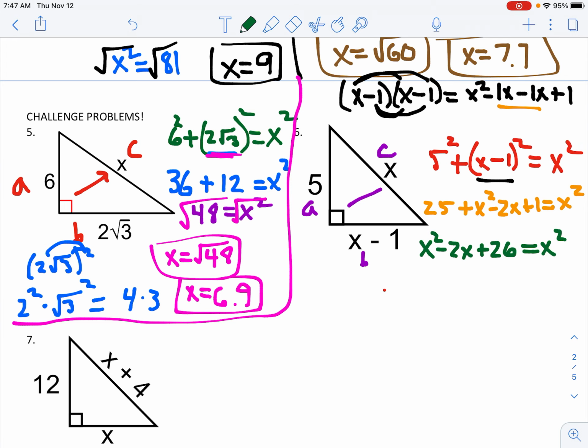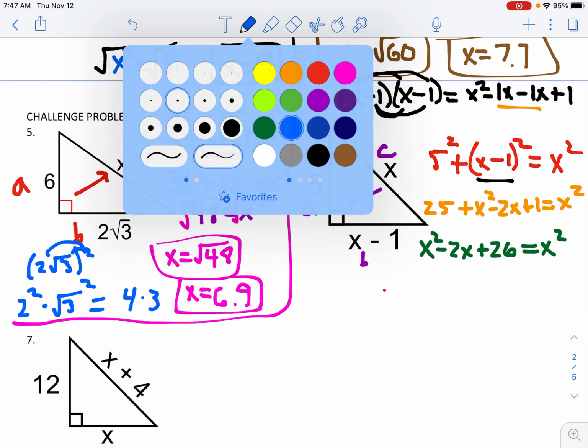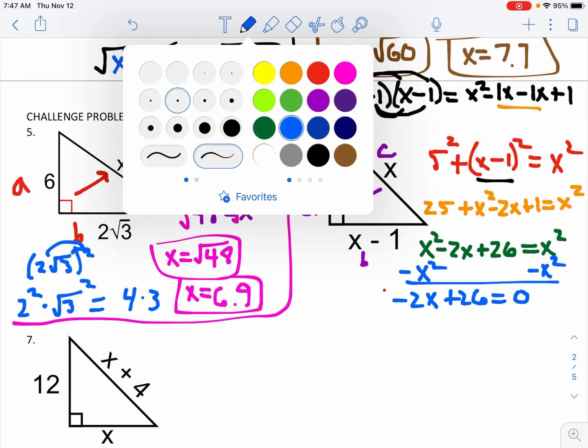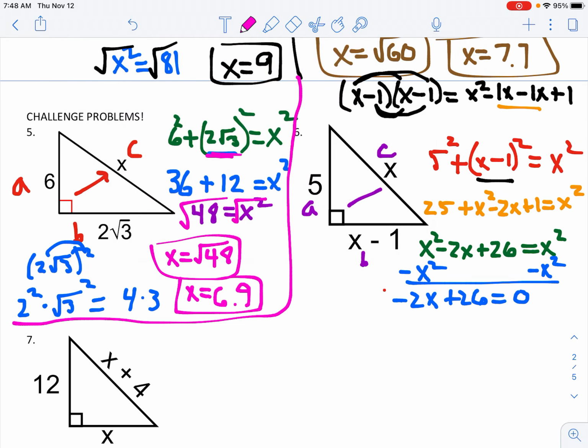Now, here we go. Let's solve. You'll notice if I subtract x squared on both sides, I'm left with negative 2x plus 26, and technically x squared minus x squared will turn into 0. Nothing's left. Continue to solve.